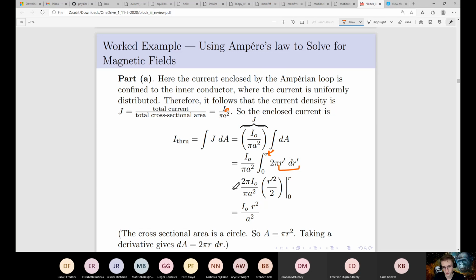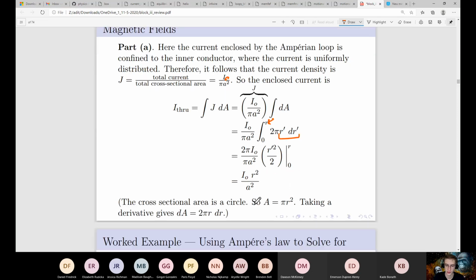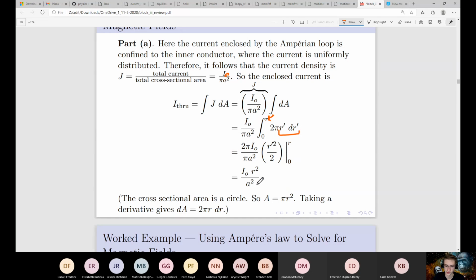Well, 2 pi is a constant, so that comes out of the integral. Then integrating r prime dr gives us r squared over 2, which, when I plug in my upper bound r, the radius at which I want my Amperian loop, I get I naught times r squared over a squared. Let's do a gut check. Does that make sense?